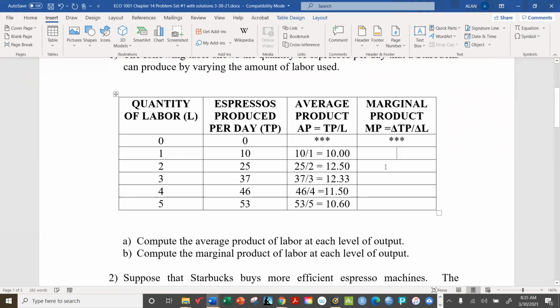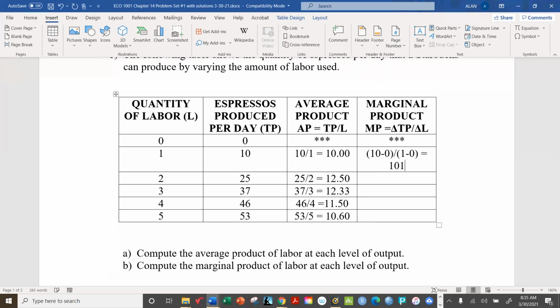For example, in this first case, when you go from 0 to 1, output jumps up by 10. So I'll put that as 10 minus 0 divided by 1 minus 0 because we increased our labor by 1. So this is actually 10 over 1, which is just 10.